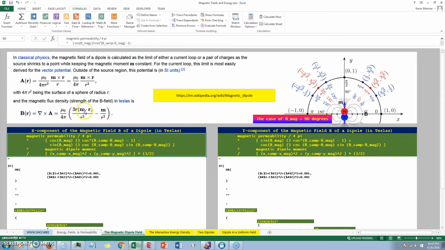So this numerator here would increase in proportion to the square of the radial vector, but it also would scale in proportion to the cosine of the angle between the magnetic moment and the radial vector chosen, and that would be there.